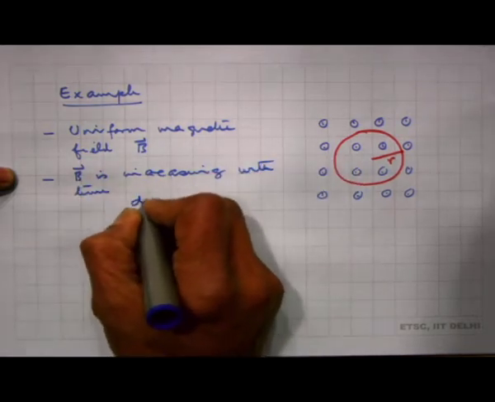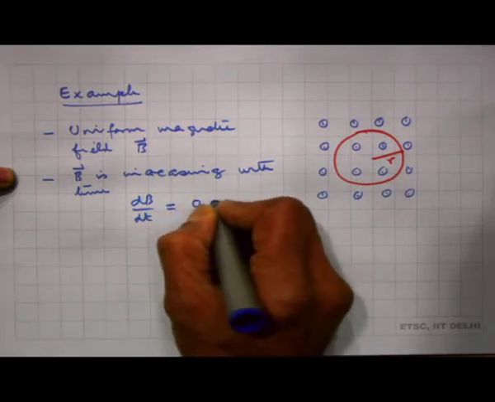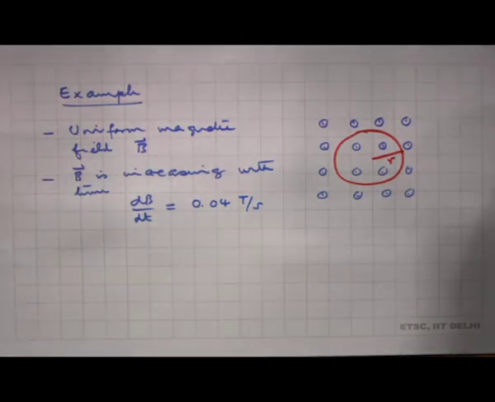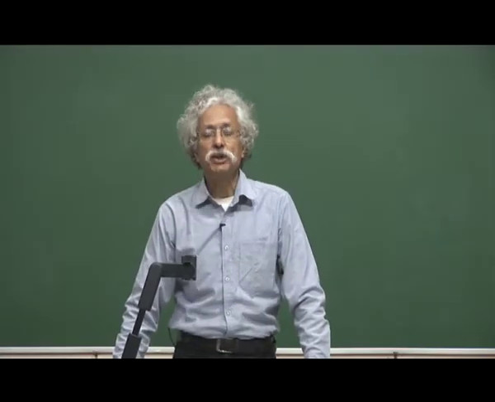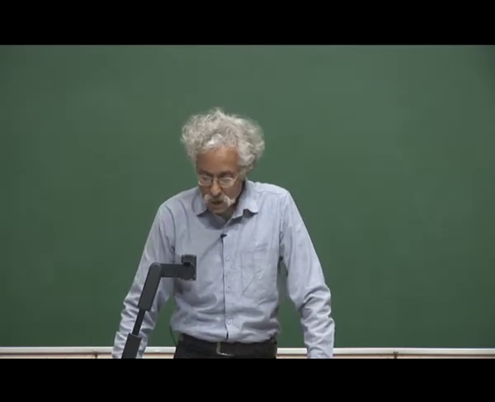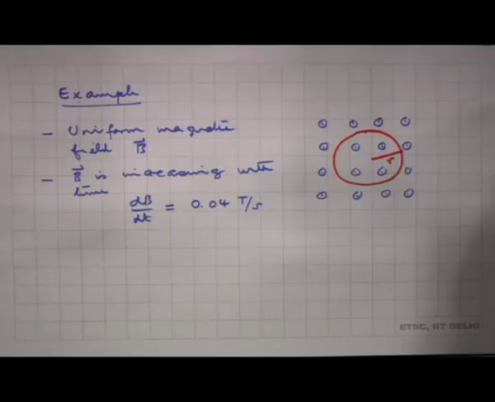Let me assume that the rate of increase of the magnetic field is about 0.04 Tesla per second. This uniform magnetic field could be produced by a solenoid, within which there is a uniform magnetic field, or by some mechanism I generate a region with a uniform magnetic field, increasing at 0.04 Tesla per second.